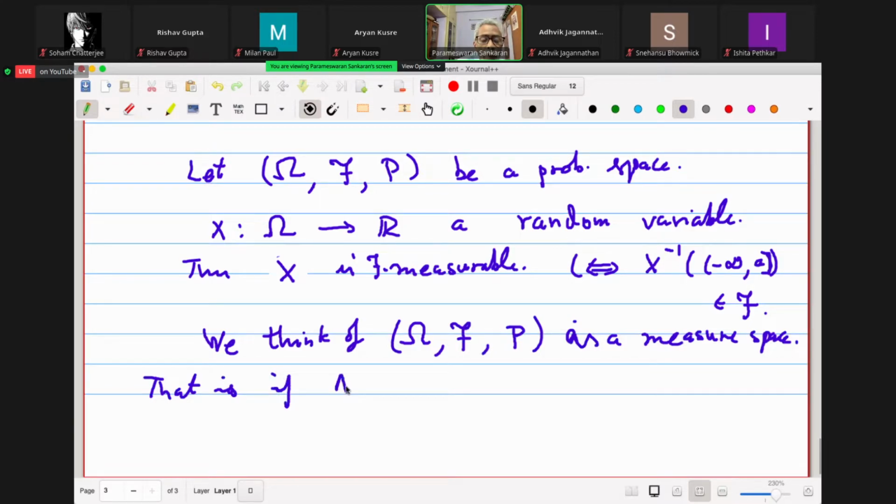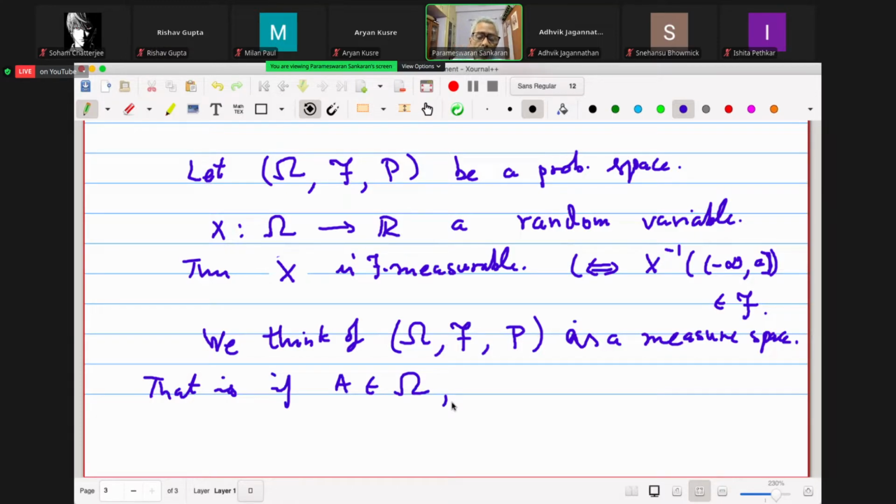If A is in Omega, we want to be able to associate meaning to the statement length of A, or area of A, or volume of A, depending on the case. If Omega is an interval or an open subset of R2 or R3, we say length, area, whatever.